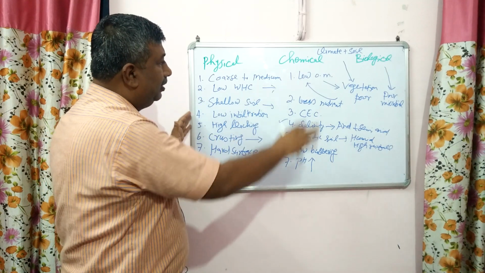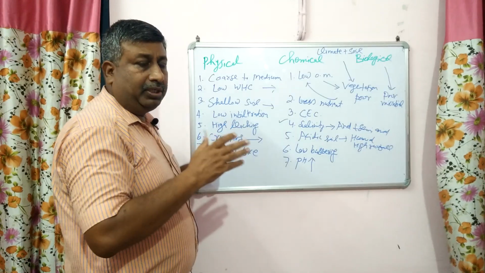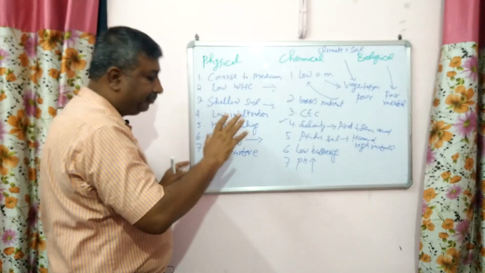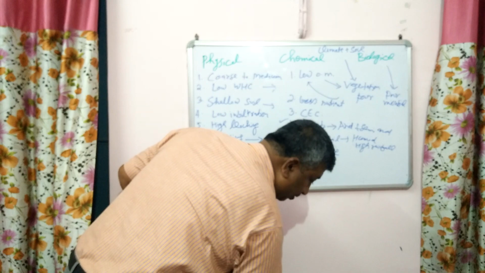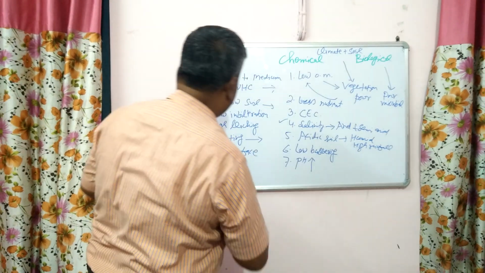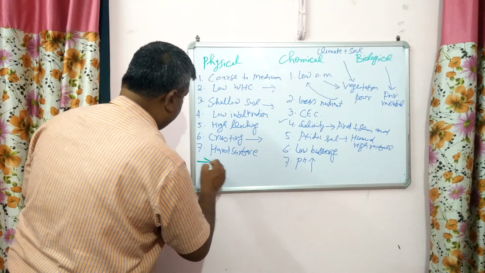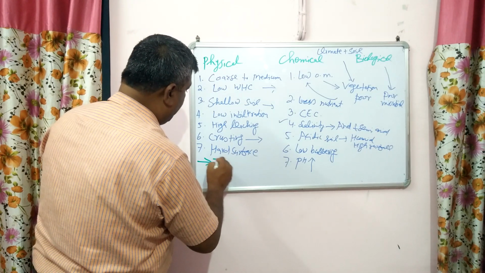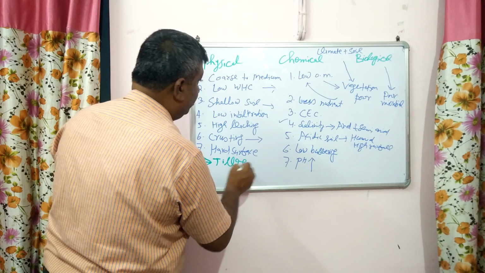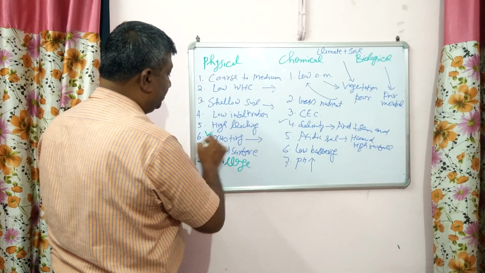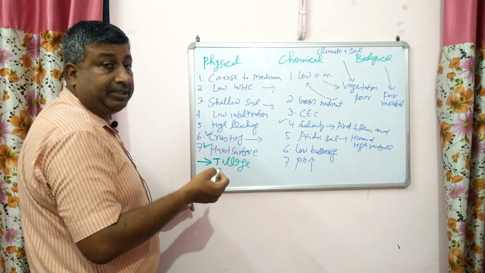So these are the common constraints for crop production, and because of these constraints, we see the effect on the crop. Now there is a tillage problem because of the hard crust, hard surface, and high clay content.